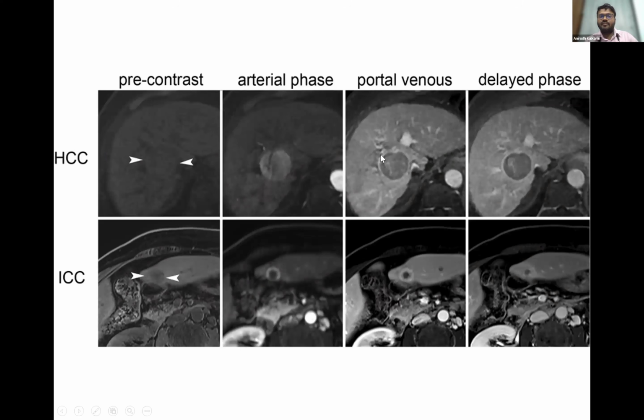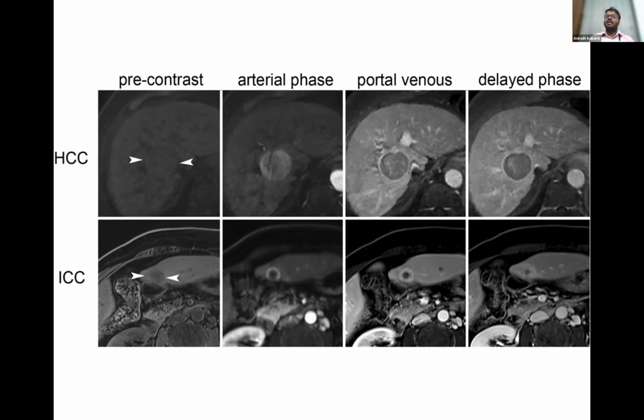So this is a very again revision slide for all of you. Cholangiocarcinoma: peripheral rim enhancement, centripetal filling in, means delayed central enhancement in the delayed phases. Whereas HCC: arterial phase hyperenhancement, portal venous and delayed phase washout, plus beautiful in this you are seeing a capsule.